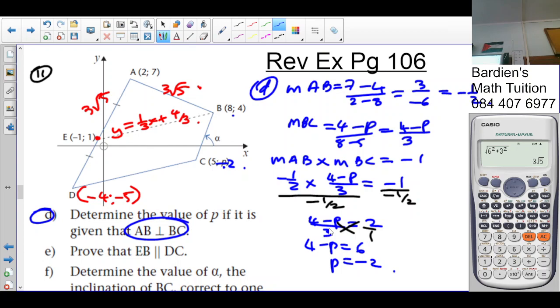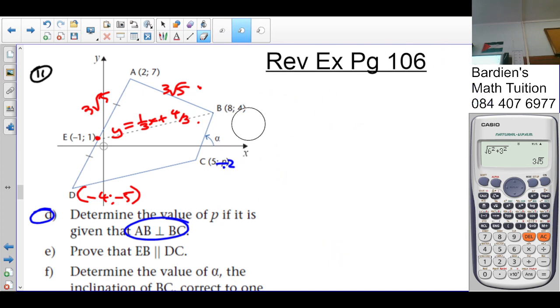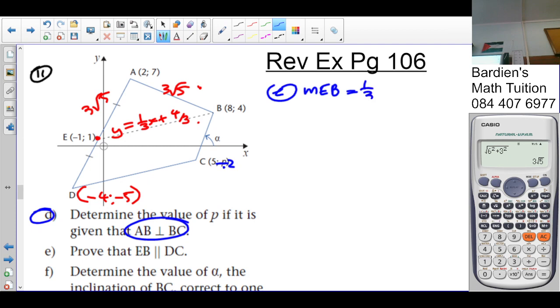Then it says, prove that AEB is parallel to DC. If lines are parallel, what do we know? Gradients are equal. So the gradient of EB. We have the gradient of EB? The third. Do we have the gradient of DC? No. Can we work it out? Yes. Gradient of DC is change in y over change in x.